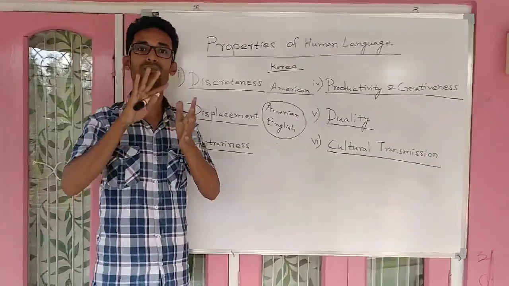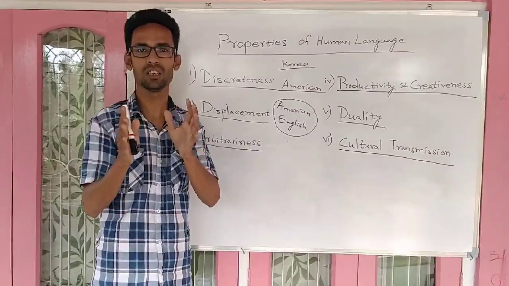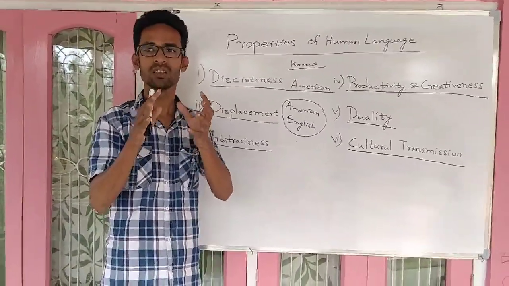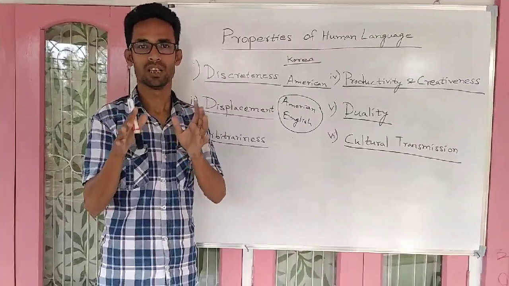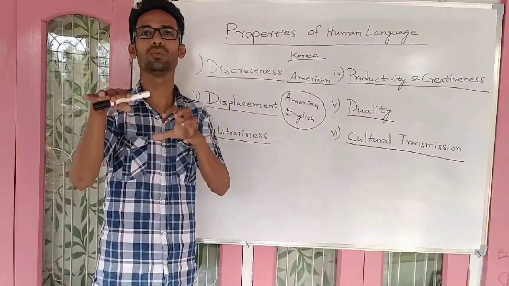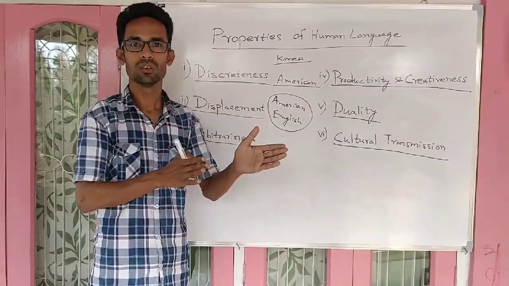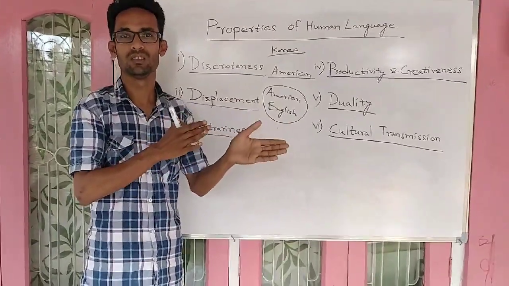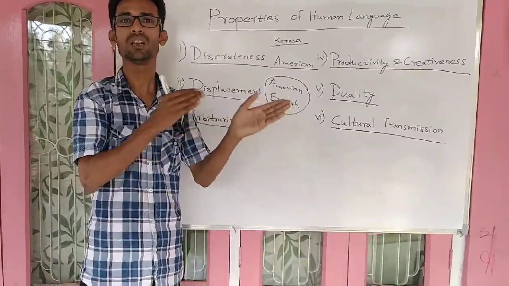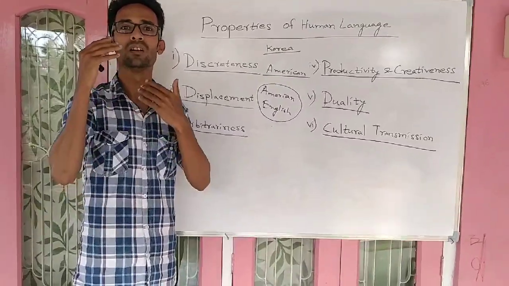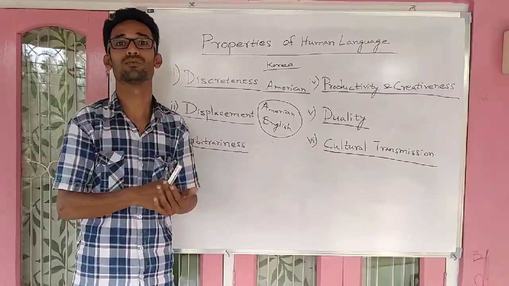language is such a flexible thing. Language has such a flexible property which is called cultural transmission, which works regardless of your birth. That means whichever culture you get accustomed to, the language which that culture uses will come to you as the first language, as your mother tongue, regardless of your birth.